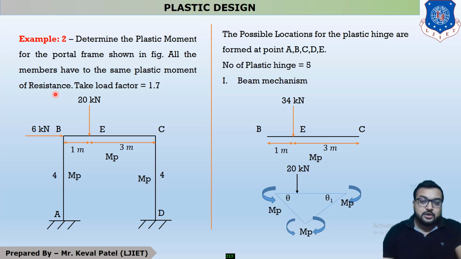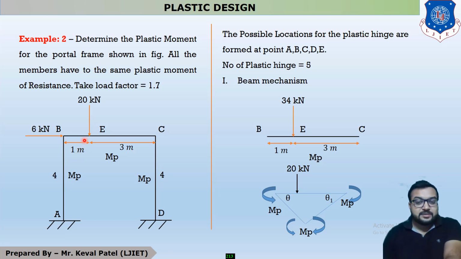It means all three spans, span AB, span BC and span CD, have the same moment of resistance, which is Mp. The point load acting on the horizontal span is 20 kilonewton and it is acting at 1 meter from the left support. This point load is not acting exactly at the center point.